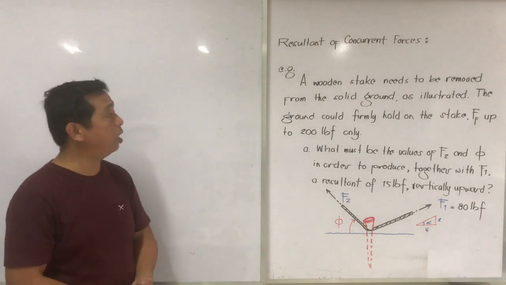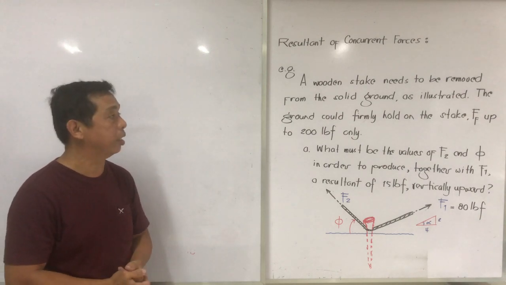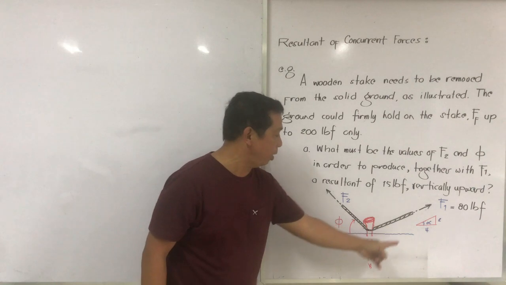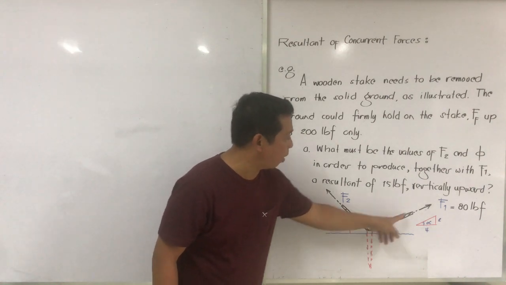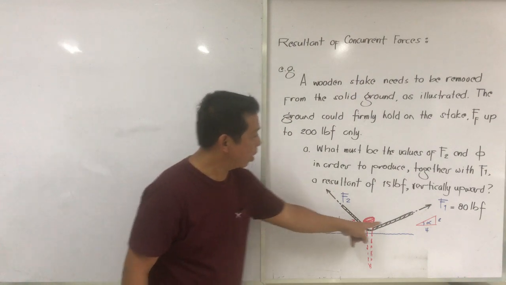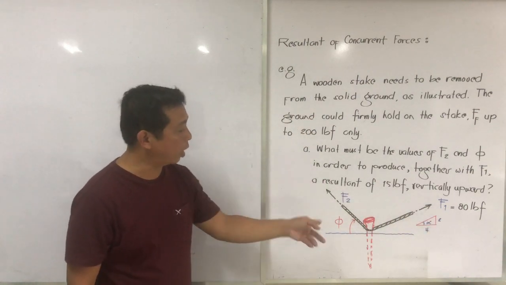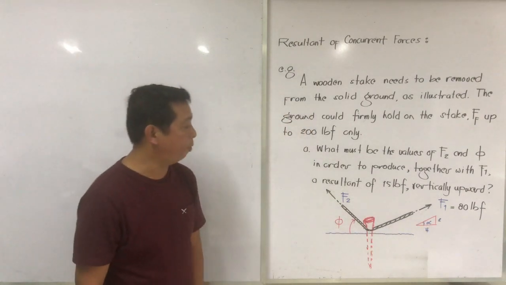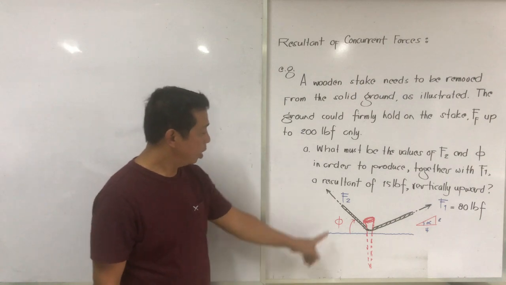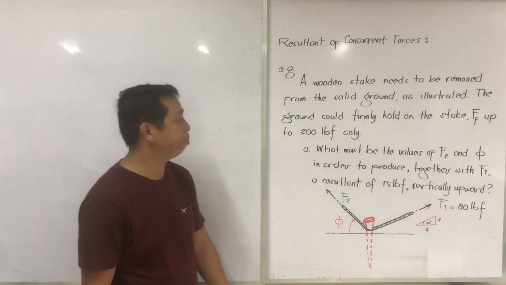A wooden stake needs to be removed from the solid ground as illustrated. Yung pinapakita, a wooden stake acted upon by F1 and F2, F1 being 80-pound force projected at an angle alpha. Shown here is the 4x4 triangle. Tapos F2 projected at angle phi.